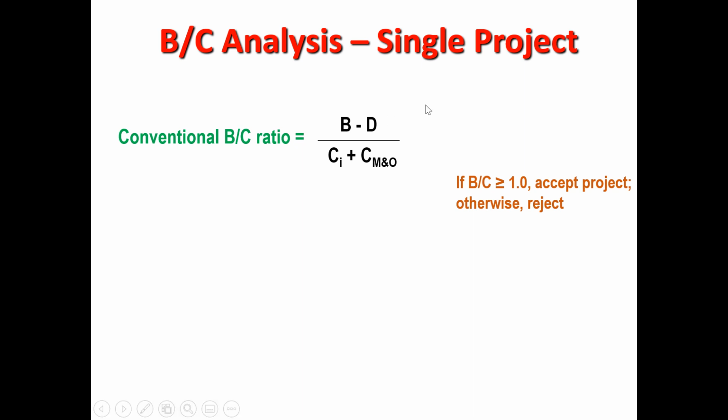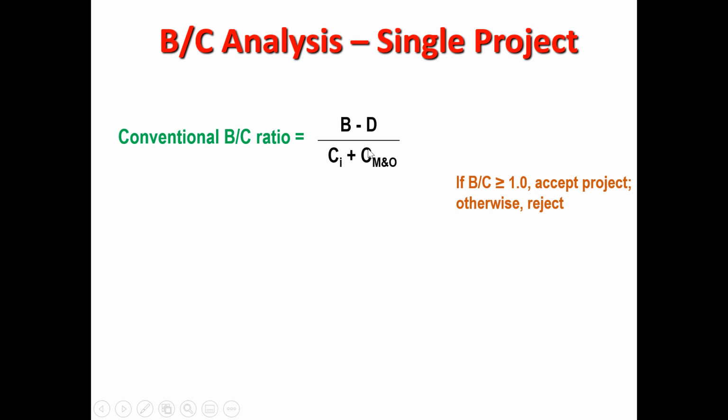So that's in the numerator, and remember that we've quantified everything in terms of dollars. The good effects of a project expressed in dollars in the numerator. And then the denominator is the costs, and those are easy to put in terms of dollars. We've combined together the initial and the maintenance and operations costs.